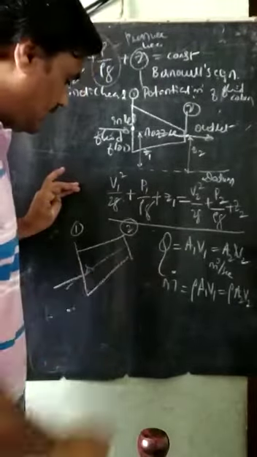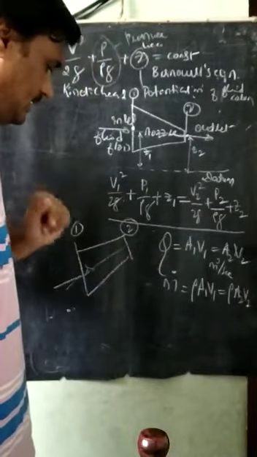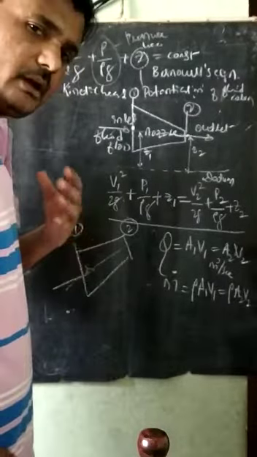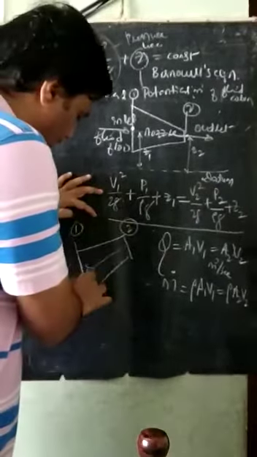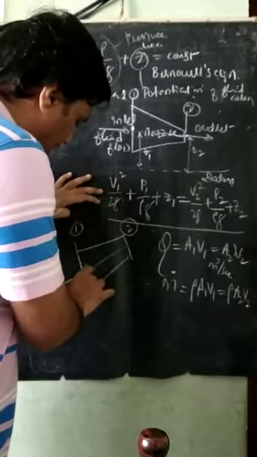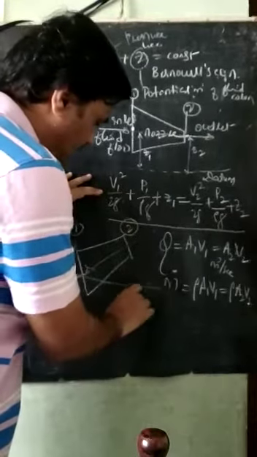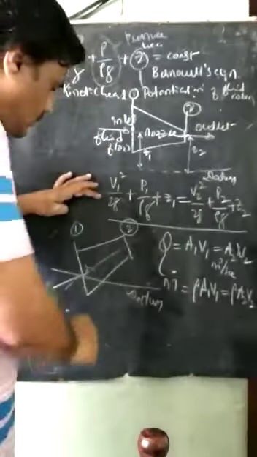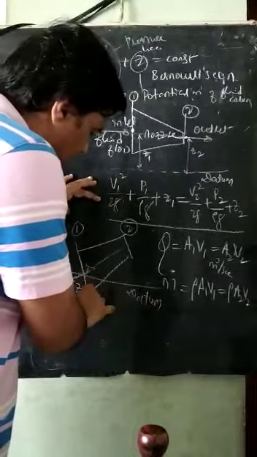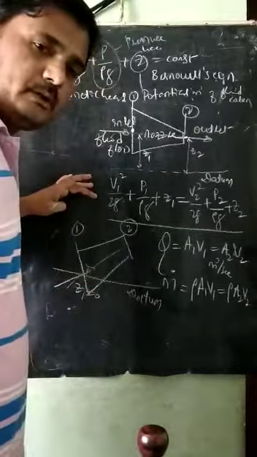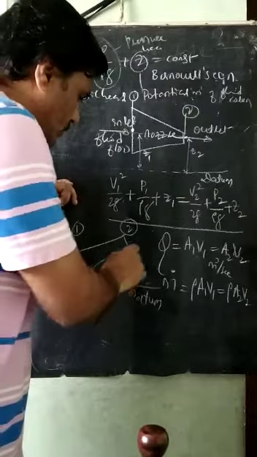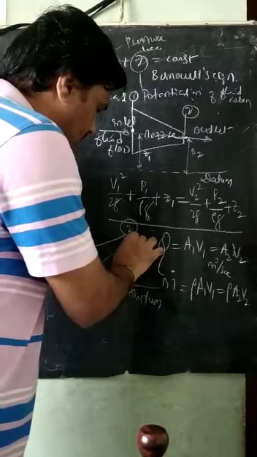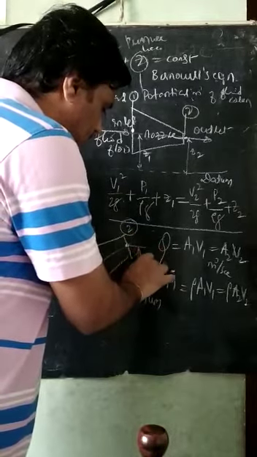Then, if the reference point is not given, take the reference point at the point where the fluid is entering and take a horizontal line as the datum line. So now Z1 becomes 0. Z2 is the height of the center of section 2, at point 2.